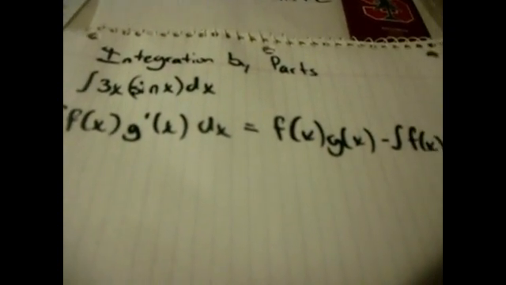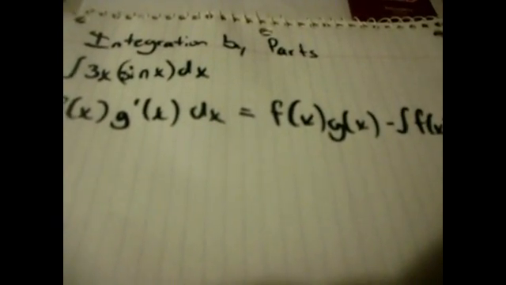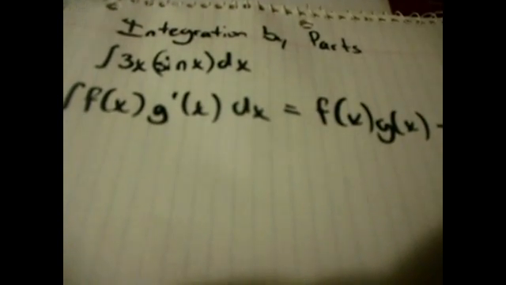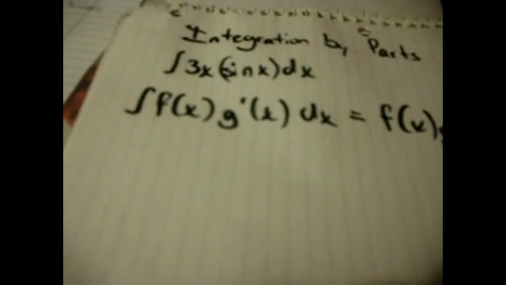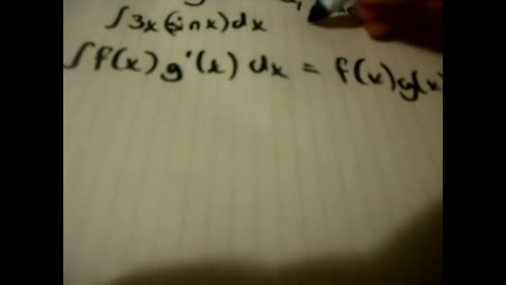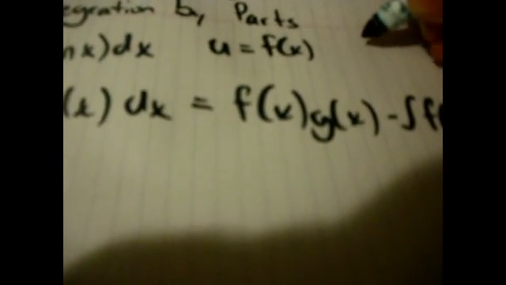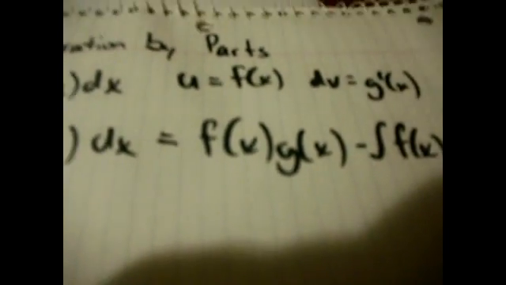The first thing that you have to figure out is which one of your functions is u and which one's dv, so that in this case u can be equal to f of x and dv is g prime of x, so you don't get confused.